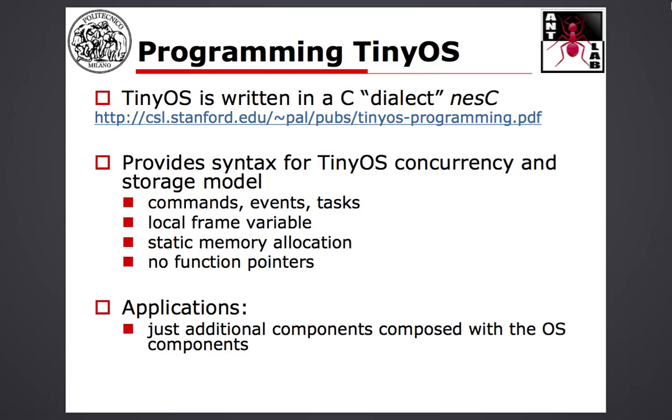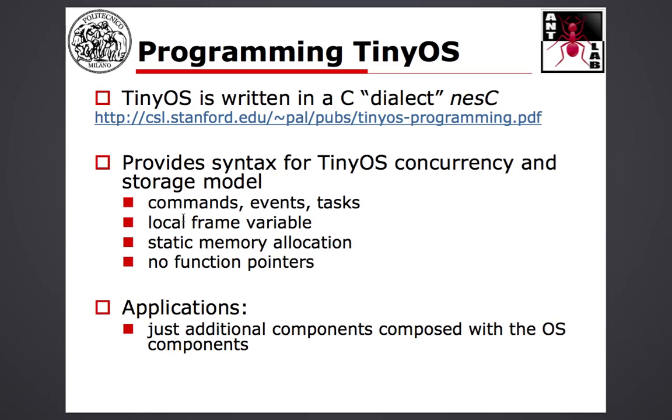In particular, we have syntax for defining and using commands, events, and tasks. We will look a little bit again at this. We define variables and allocate memory in a static way. Remember that we do not have function pointers. We have just proper functions and these tasks, which are a little bit different from functions. We will learn how to use them.